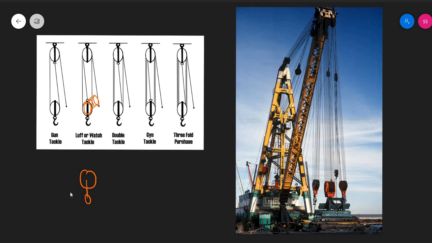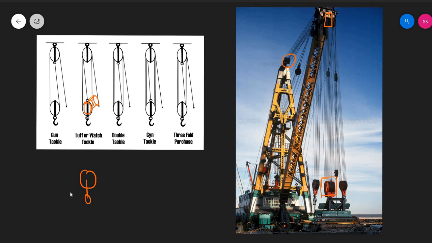And next time you walk near a metro construction, you must observe the crane which is lifting, and you will find this block on this end, and also of course there is a block in the top, and that helps the motor, which is somewhere over here, which is pulling this.